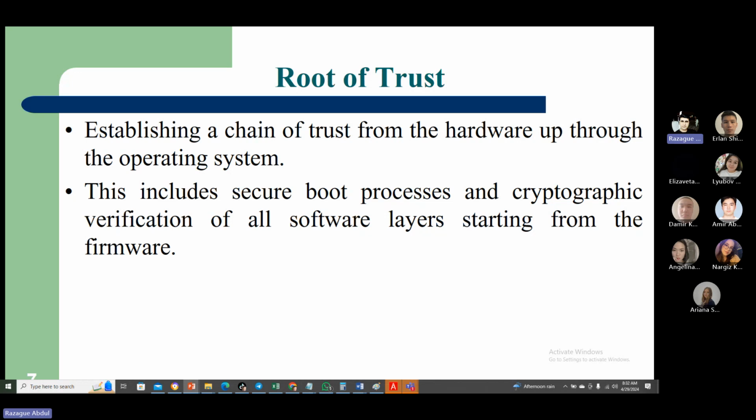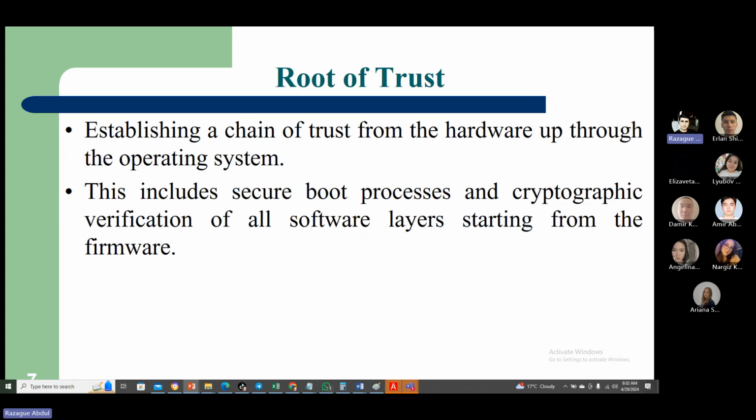Second, it is going to provide trustworthiness, meaning it ensures that the system operates as intended even in the presence of hardware or software attacks. Third is compliance. It's going to help in meeting regulatory and compliance requirements that mandate strict security measures, especially in sensitive industries.